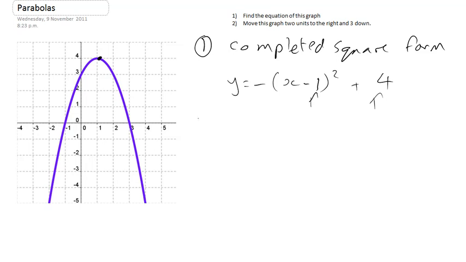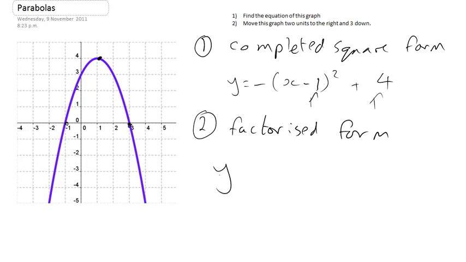The second method I could use to do this first part is using the factorised form. Now the factorised form is when I look at my roots, and my roots are at minus 1 and 3.